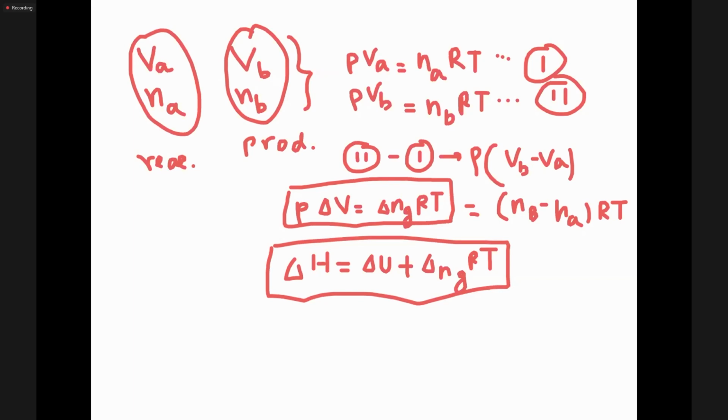The value that separates these two is delta Ng RT, or P delta V.